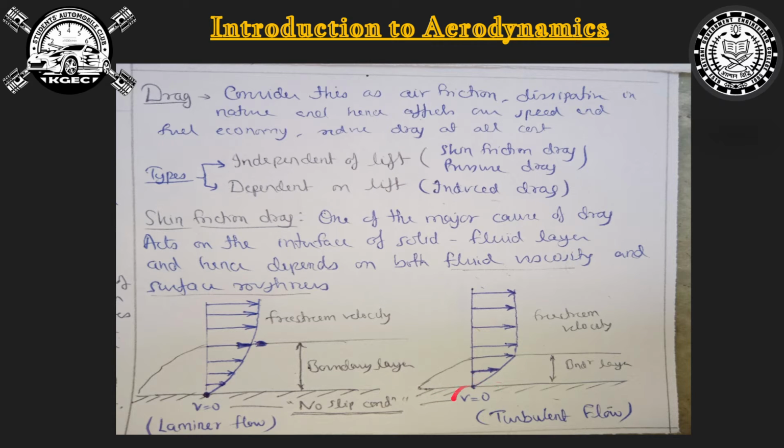The no slip condition is still valid, and the velocity at the surface is zero, but the transition from zero velocity to the free stream velocity is very rapid because of this mixing. Because of that, the shear forces involved in this viscous region are higher, and that creates larger skin friction drag. So skin friction drag increases in the case of turbulent flow.